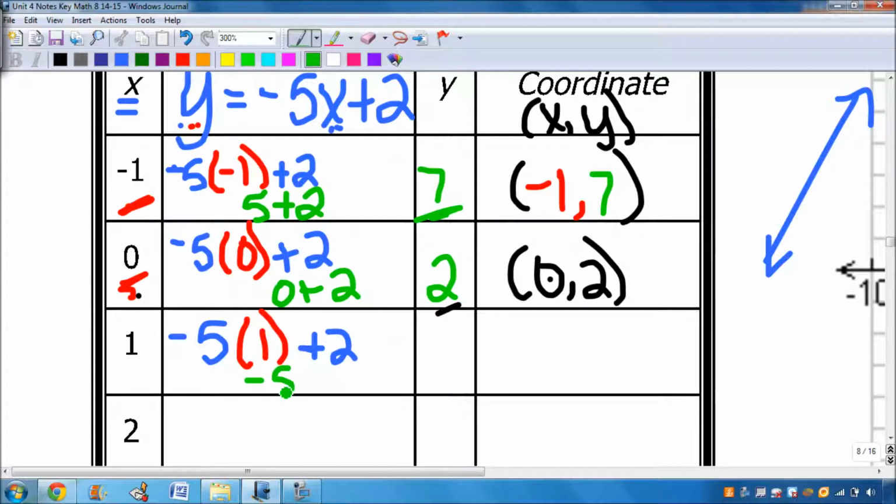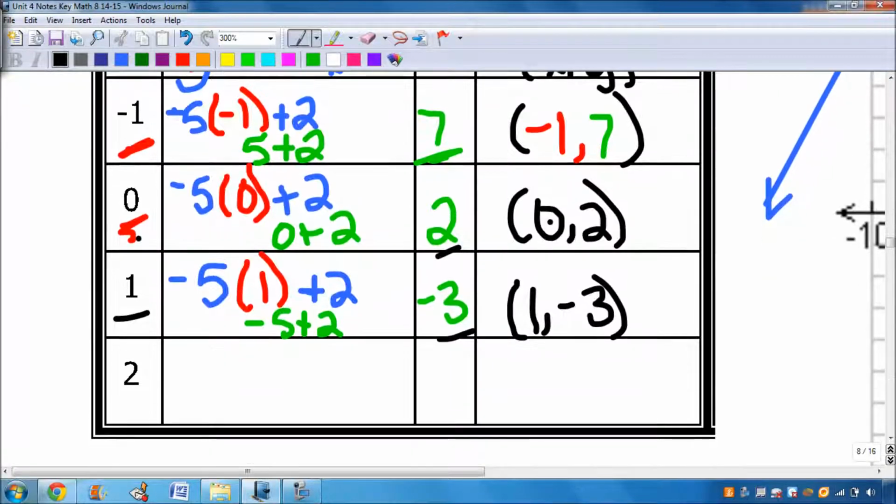So you'd get negative 5 plus 2. Use the scoreboard. Team negative won 5 points, team positive won 2 points, so team negative won the game by 3 points. So this would be negative 3. Then my coordinate would be my x value followed by my y value, so it would be positive 1, comma negative 3. Okay, and then the last thing I would do is the same thing with 2 as well.